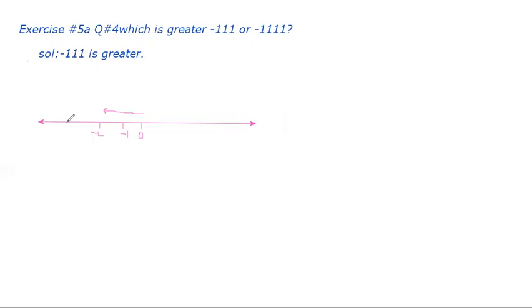For example, you will reach here and you will get minus 111.